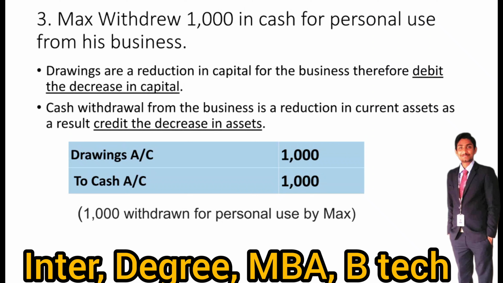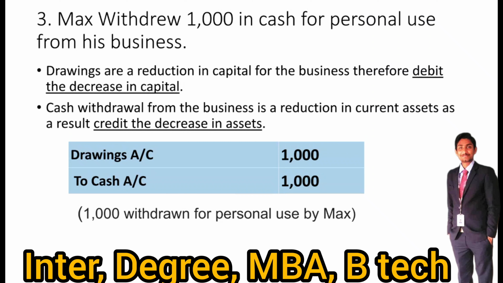One is drawings, because the owner withdraws from the business. Another is cash, since the owner withdraws by way of cash. One is drawings, another one is cash.